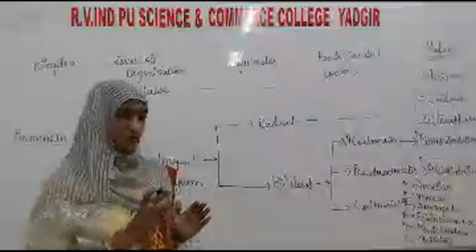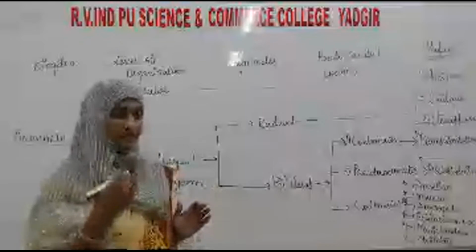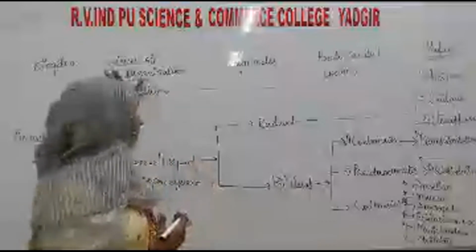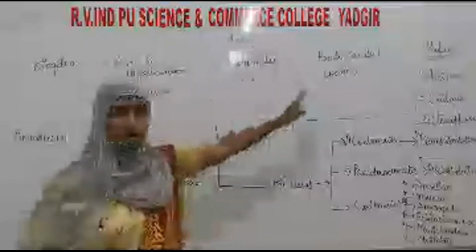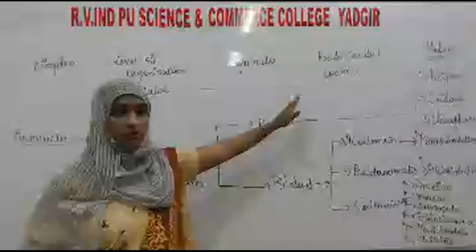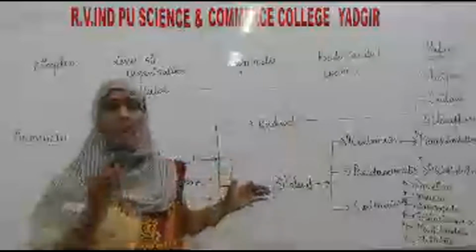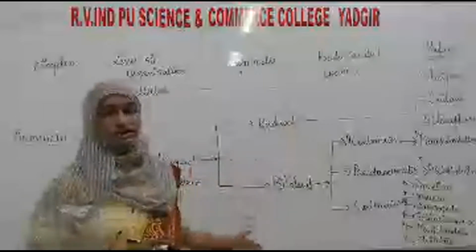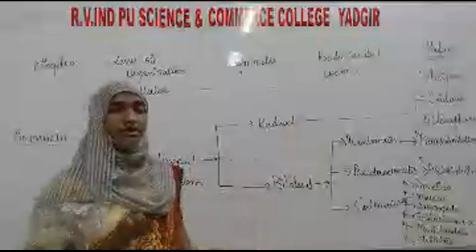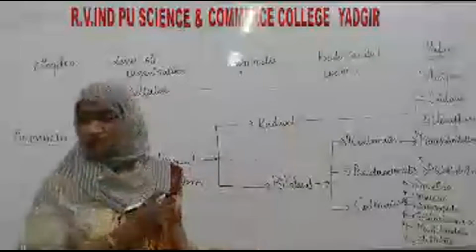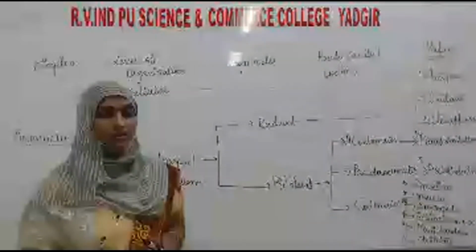So if you want to study their basics, about the level of organization, symmetry, body cavity or coelom, if you remember this chart, it will be very easy to remember all the things. In NEET and all, they will ask questions from this chart.